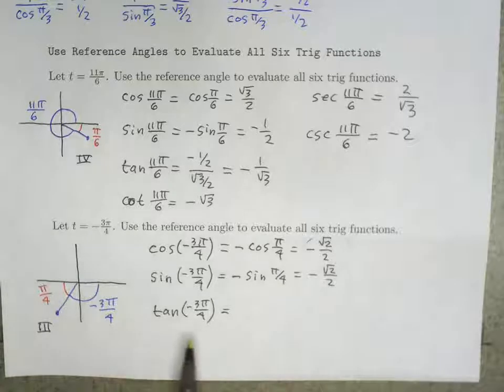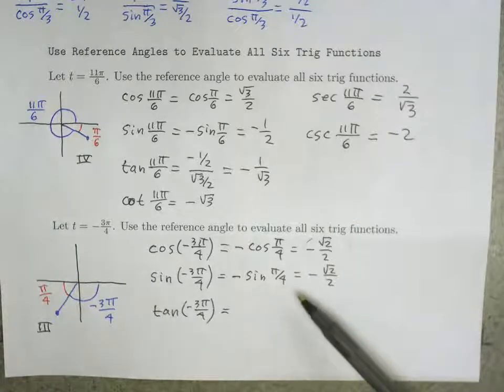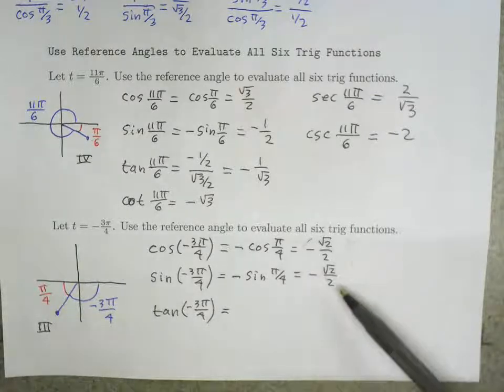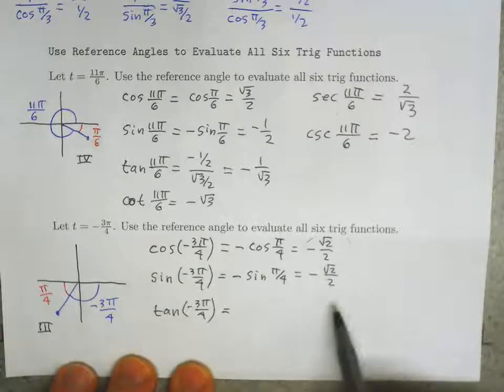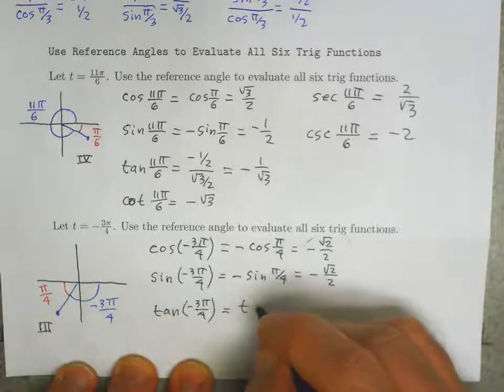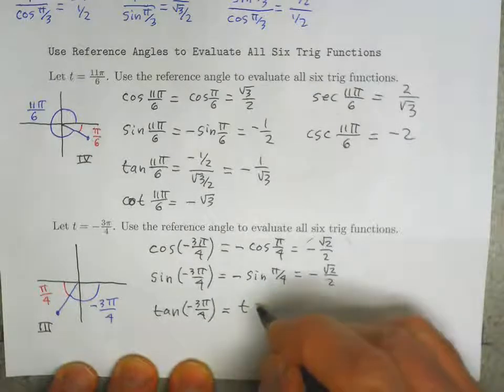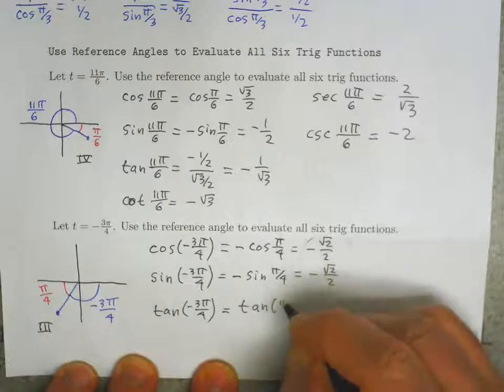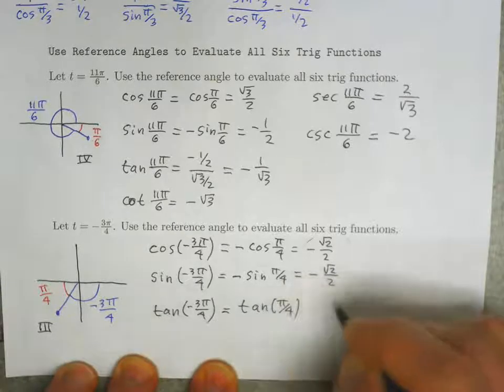Well, the tangent in the third quadrant is positive because the tangent is sine divided by cosine, but a negative divided by a negative is a positive. And so the tangent of negative 3 pi over 4 is equal to the tangent of pi over 4. And we saw earlier that that's equal to positive 1.